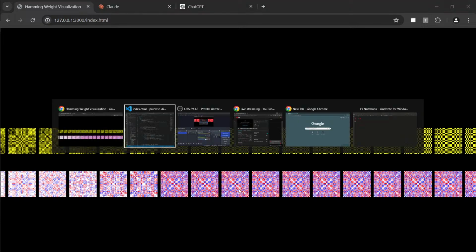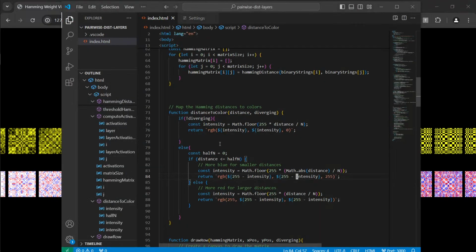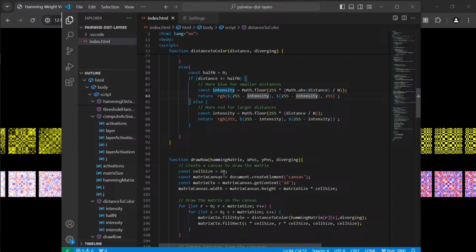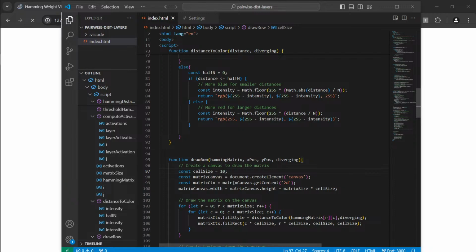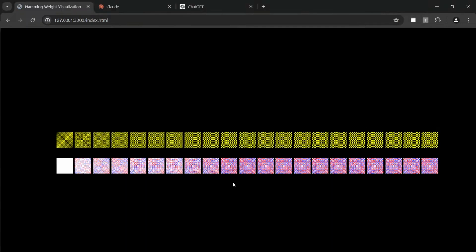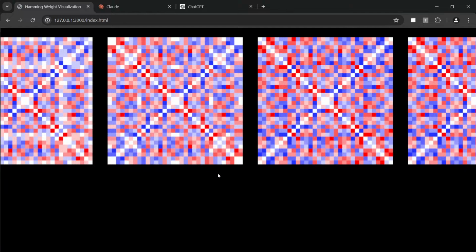Also, let me do one more thing, because I don't actually know what this is. This was written by GPT. Did that do anything? What did that do?